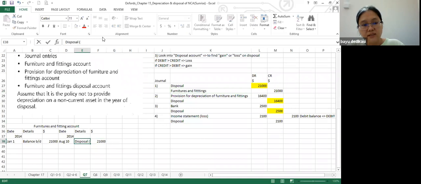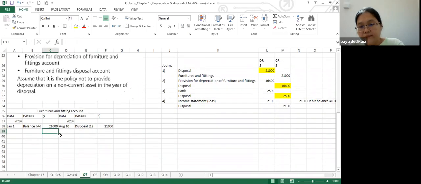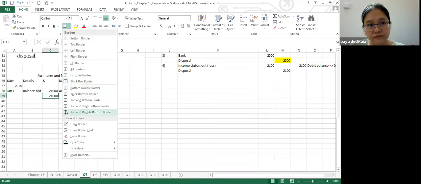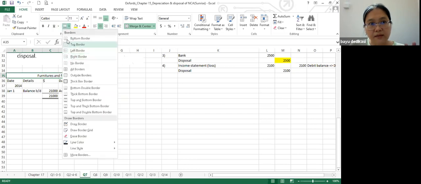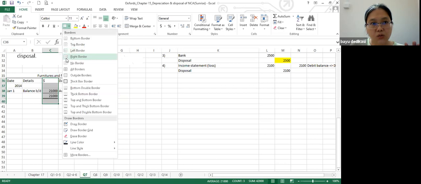So for clear? Okay. Here, subtotal. When the total debit and credit are the same amount, don't put balance carried down. No more balance carried down for this question, so the account is closed.